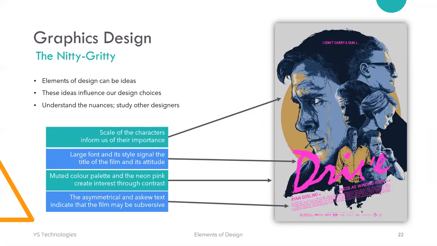This is mainly achieved through studying other designs. For instance, let's take a look at this poster of the film Drive. Now, firstly, we need to notice that there are characters on the poster, and they all have different sizes.